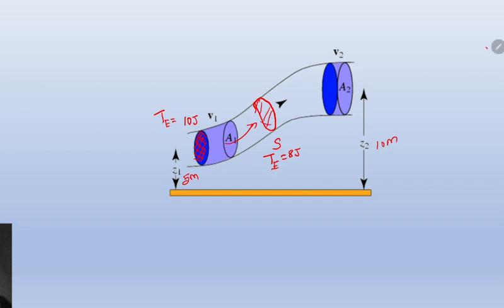So let us say this particular section of fluid moved from here to here, and then it still goes further up and reaches this particular section here where the diameter is also larger. Now, what do you think is going to be the total energy at section 2? It's going to be lower, is it? Okay, 6 joules of energy.